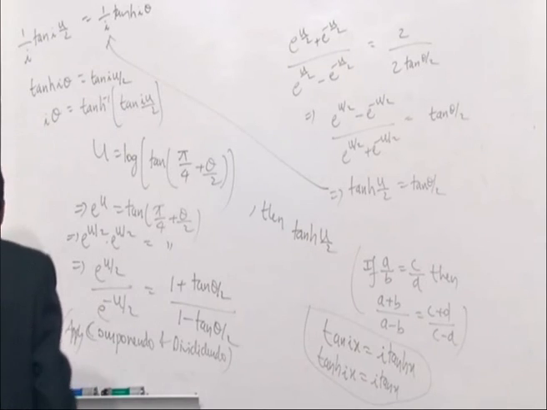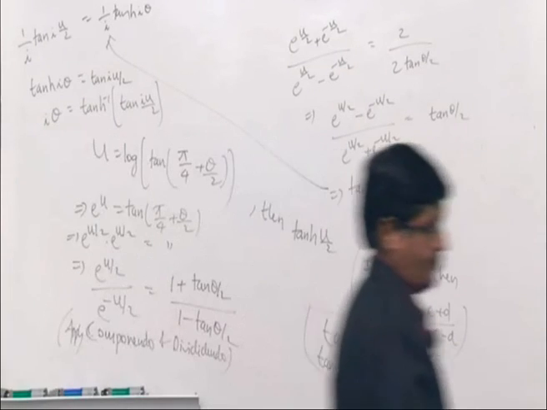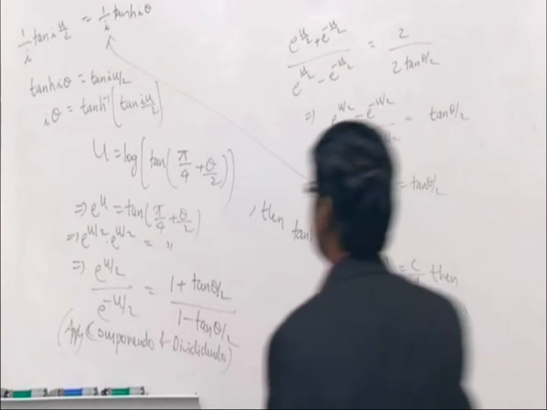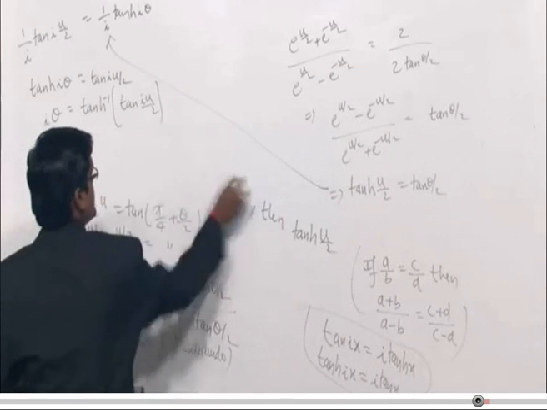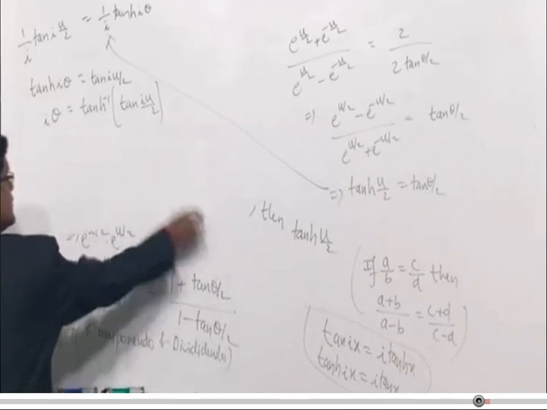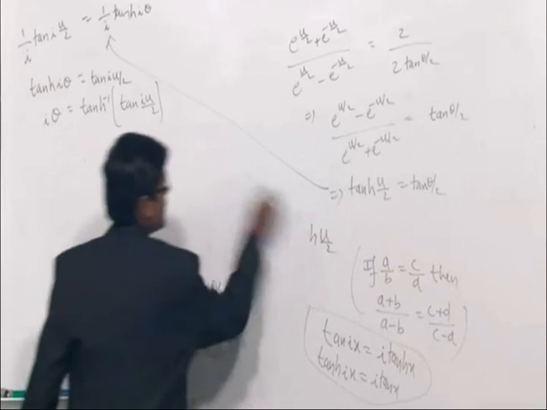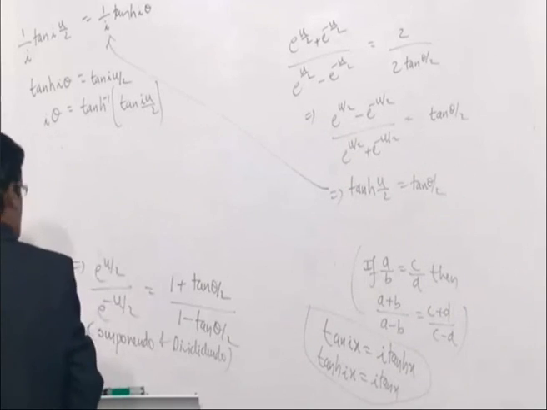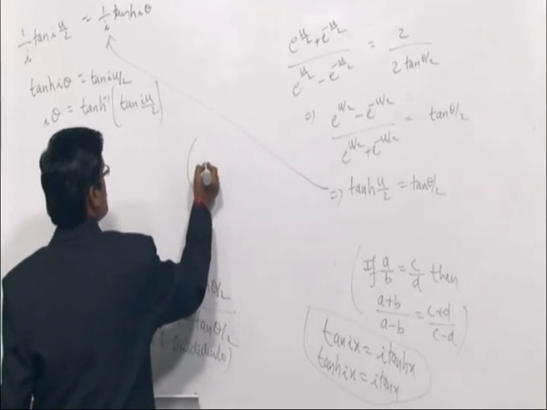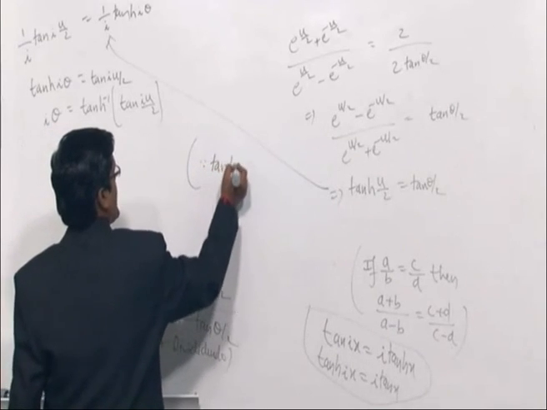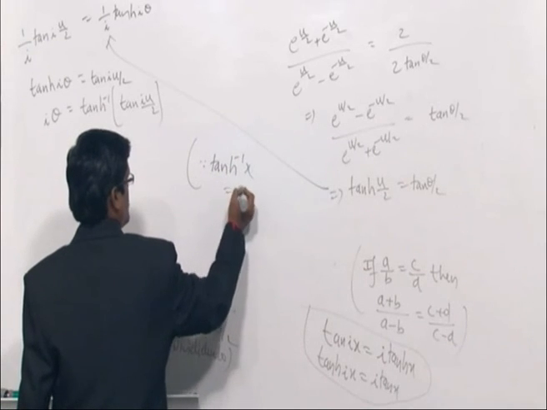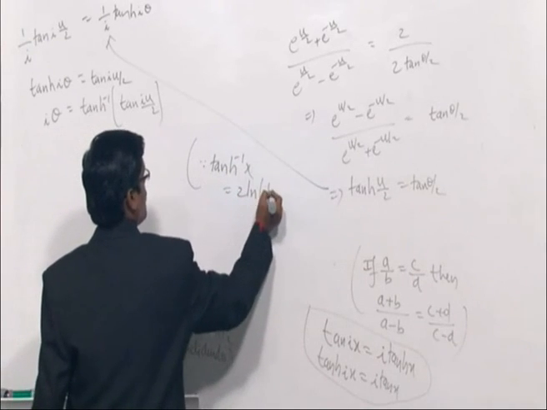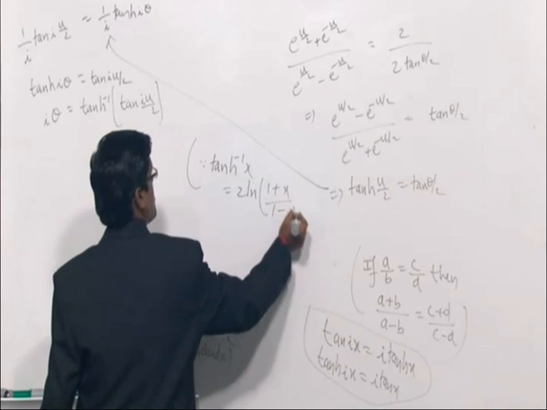And this can be written as, just one more formula here, tanh inverse x is equal to half of ln of (1 plus x) by (1 minus x). Remember this result as a formula.